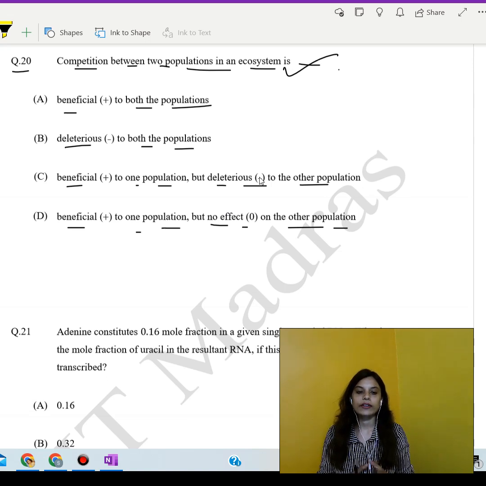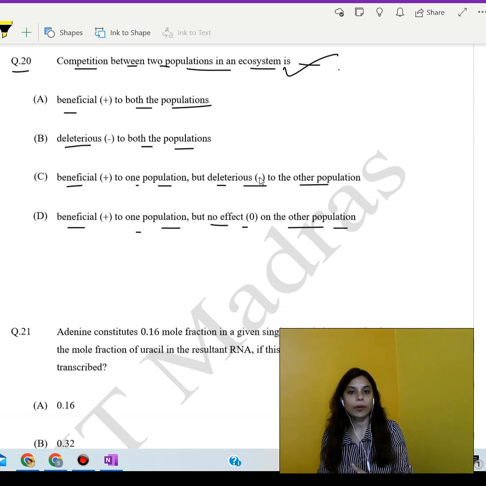Now, however, there are some cases where competition can have positive effects, like character displacement can happen, predator-prey dynamics can happen. Under character displacement, when two competing populations coexist, they may evolve traits that reduce the competition. This can lead to increased diversity and niche specialization. Then comes predator-prey dynamics. Now, in some cases, competition among the prey species can also help to keep the predator populations in check.